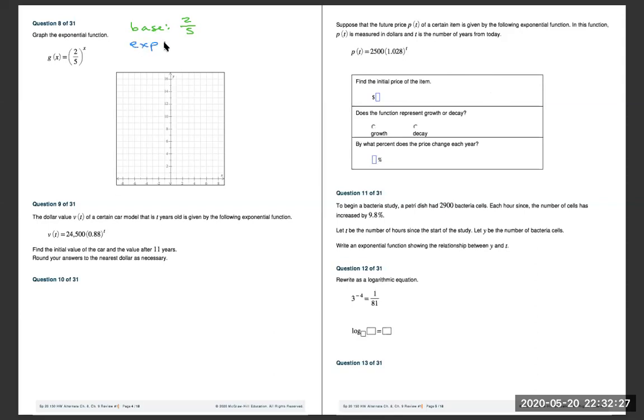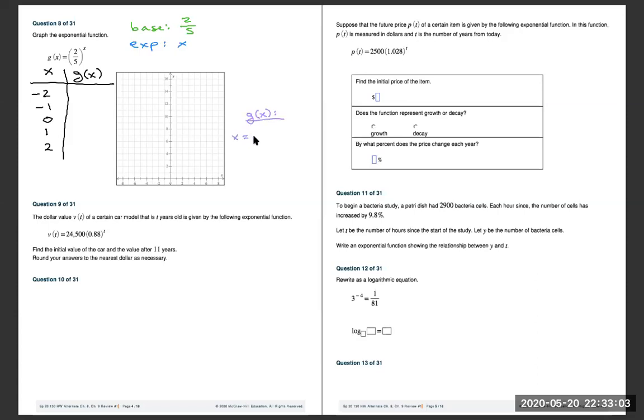Exponent will be x. Okay, let's make a table. So we'll use -2, -1, 0, 1, and 2. We'll do g of x in purple over here.